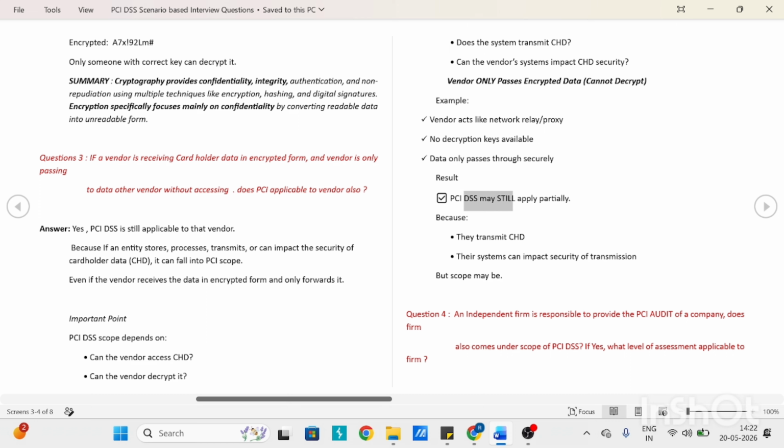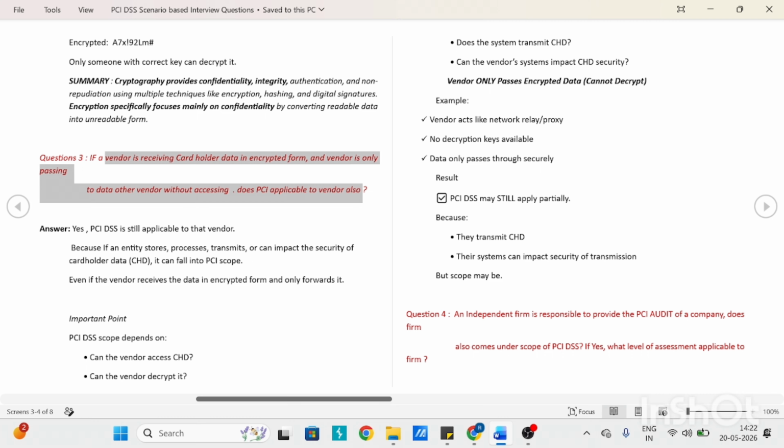That's why PCI DSS may still apply here, because they transmit the CHD. They are relaying and forwarding the data, so their system can impact the security of the transmission. So there is a high possibility that this vendor is in scope. This question is very important.